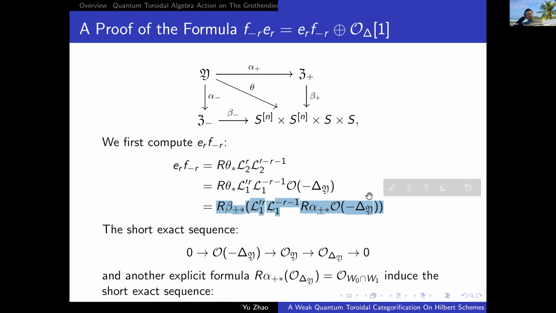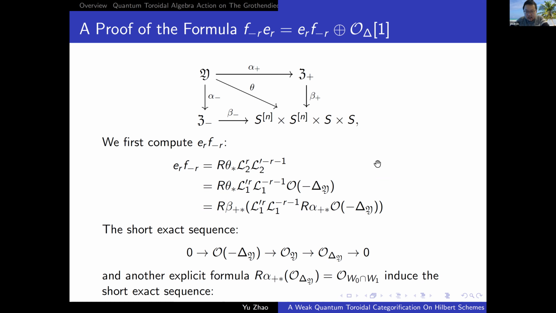But this formula is not good enough. Actually, we want to remove the part R alpha plus star O(-delta Y), and replace this by just the structure sheaf of the class. In order to do this, we need some computation.